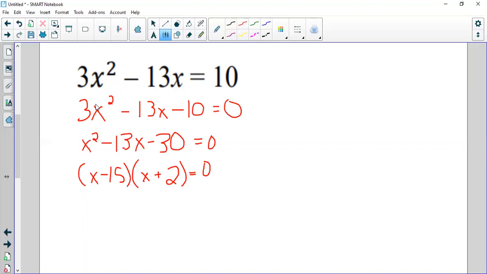The number I did the slide with was a 3, so I will divide the 3, divide the 3. This just simplifies to 5, so x minus 5 is my first factor. This doesn't simplify here, so I'm going to slide that 3 up. This will become 3x plus 2.